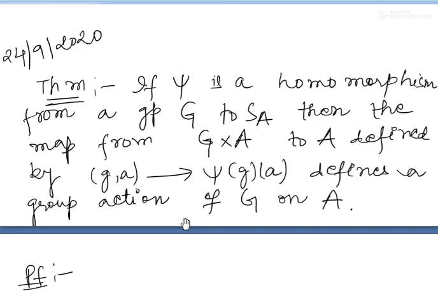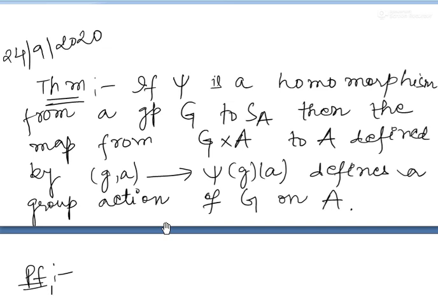What we are trying to show is the converse of the previous result, as we did in the permutation representation theorem. There we considered a group action, and corresponding to that group action there exists a homomorphism from G to SA, that is the permutation representation.